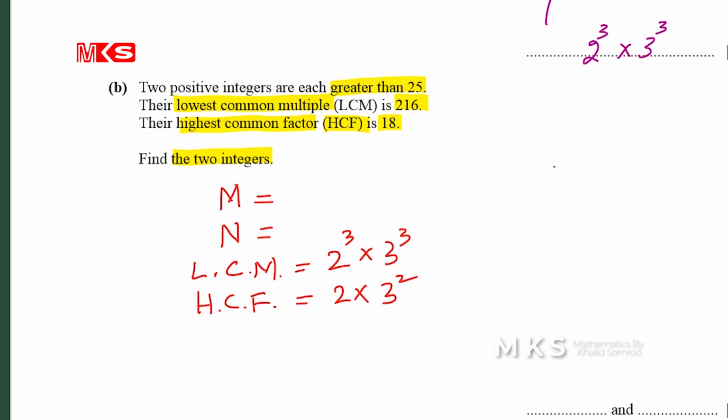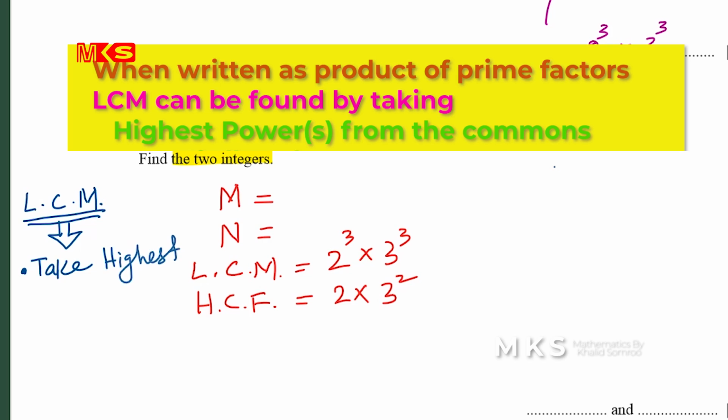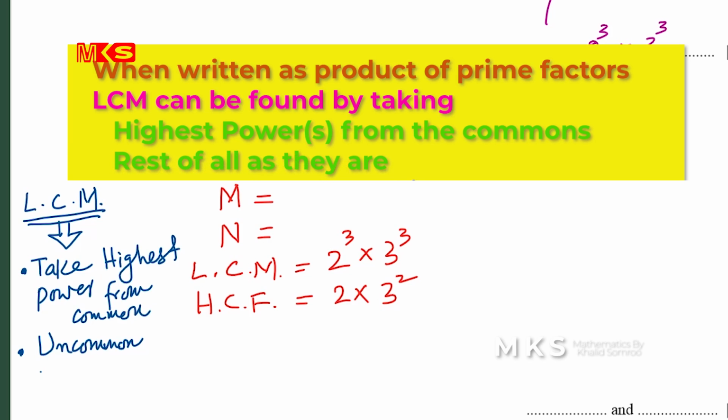In that case, let's discuss the concept of LCM and HCF. In case of LCM, we take the highest power from the common primes, and the uncommon ones are taken as they are.